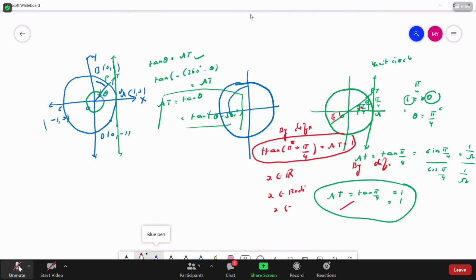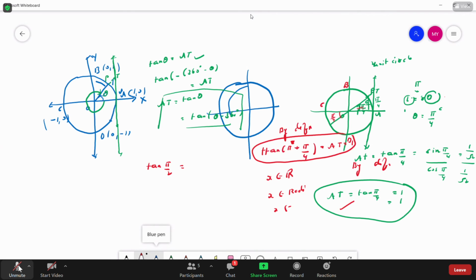Now I will write for some points. At this point, what is tan pi by 2? Pi by 2 is 90 degrees. It's undefined. You have traveled from A to B. This is a real number, so it will subtend an angle pi by 2 radians. Since this is a unit circle, L is equal to r theta, where theta is in radians.